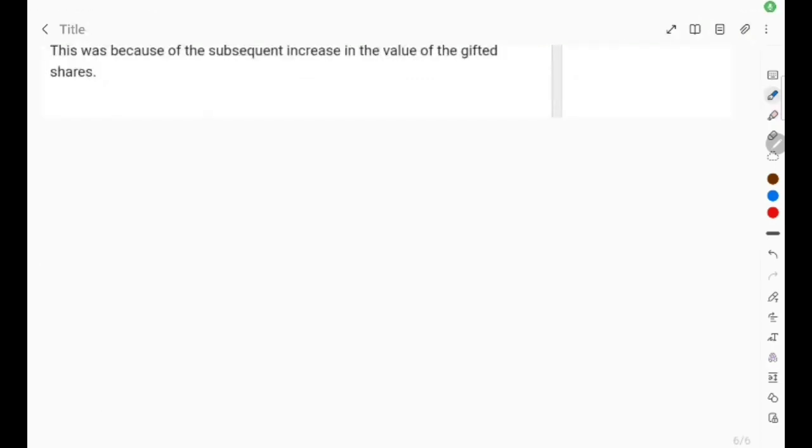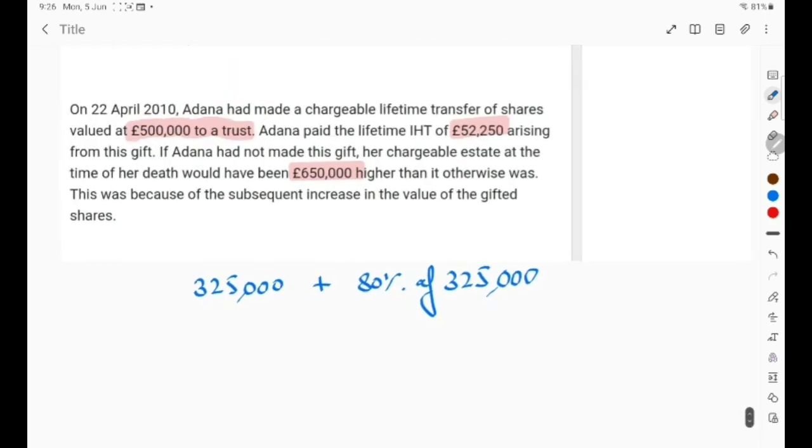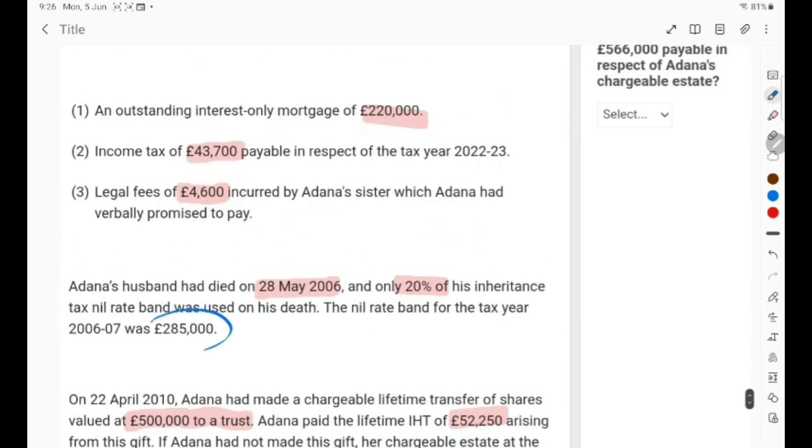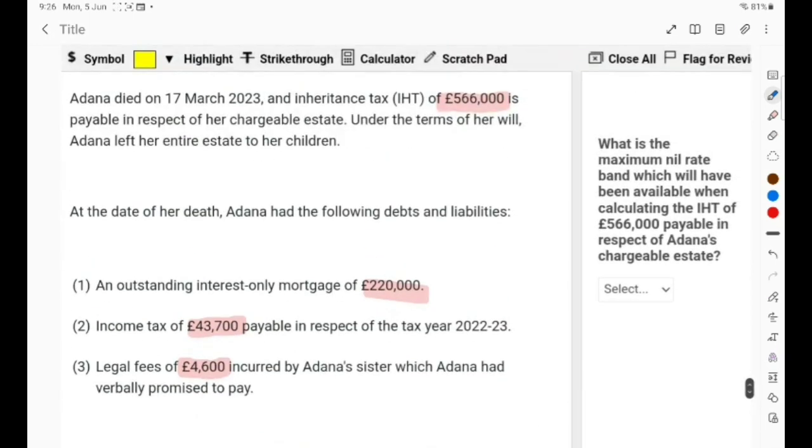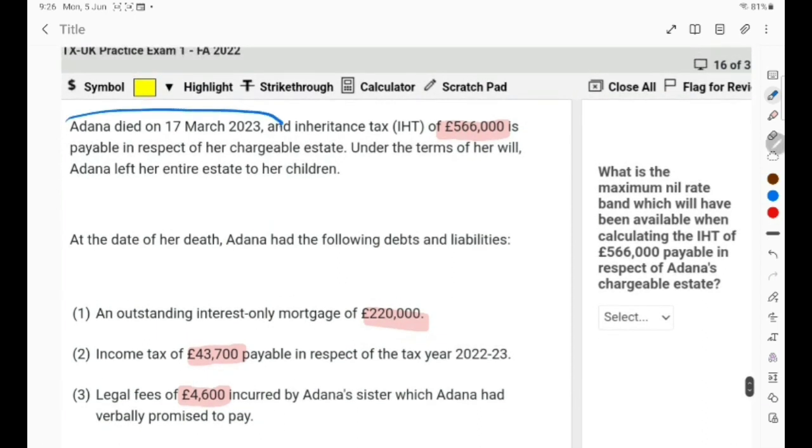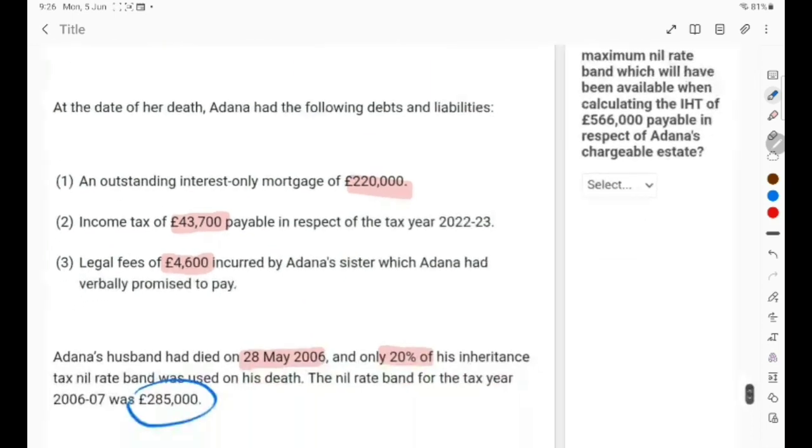It's simple, we have to consider Adana's nil rate band, that is 3,25,000, and 80% of the nil rate band of her husband, and here we have to consider 80% of 3,25,000, not 80% of the 2,85,000, that is the nil rate band at the time of the death of her husband. Remember that it should be considered in accordance with the time when Adana died on 17th March 2023.